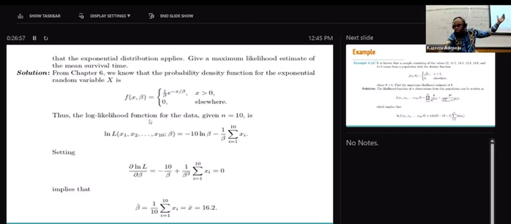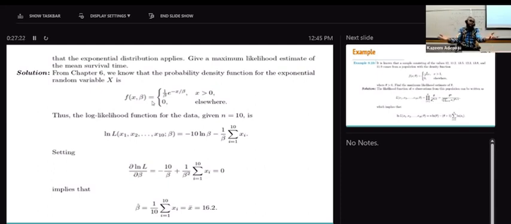Now I'm presenting to you this exponential distribution. If I want to find the mean, if I want to find the variance, I derived that in this class the other time, you know that, right? The mean of exponential, the variance of exponential, but the mean and the variance depend on the parameter. You can only determine the mean and variance if you already know the value of the parameter.